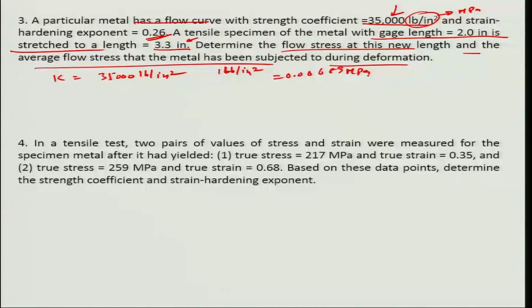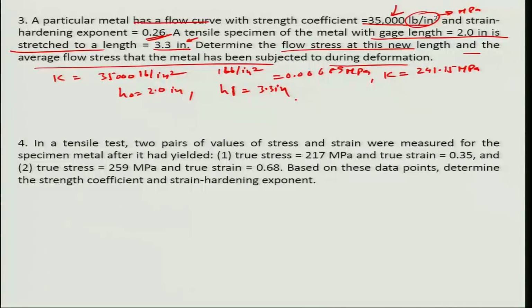Having said that, the K value can be recorded as 241.15 megapascals in this case. We also know that there is an initial gauge length H0 of 2.0 inches, which gets stretched to a final gauge length H1 of 3.3 inches.